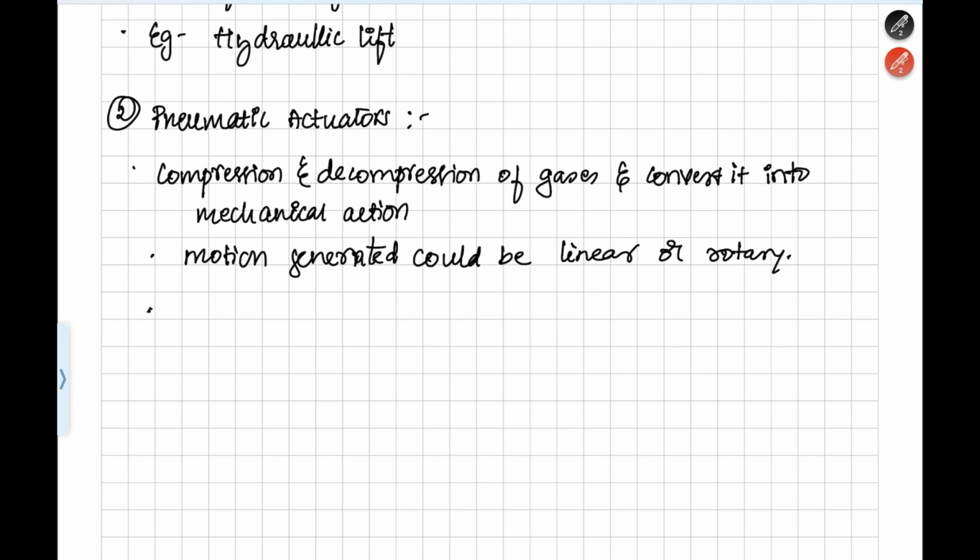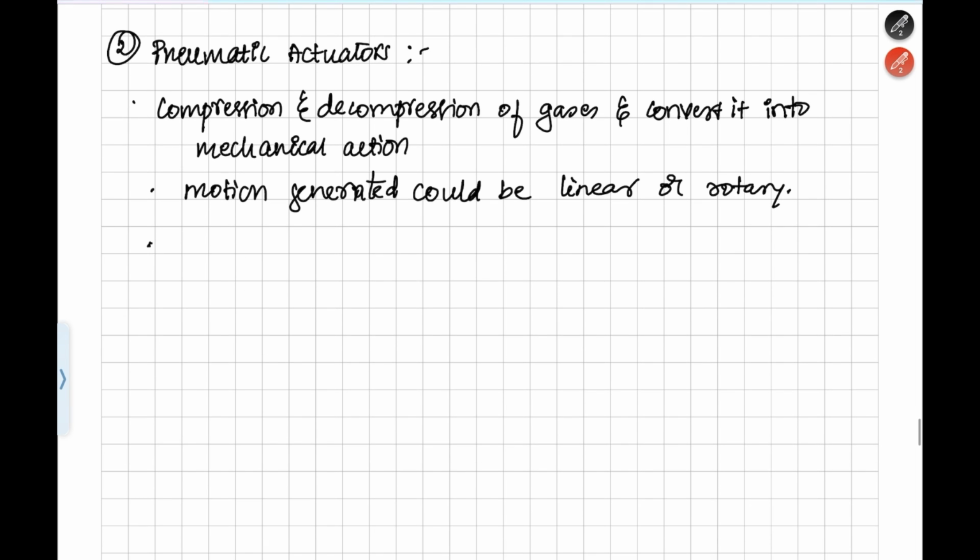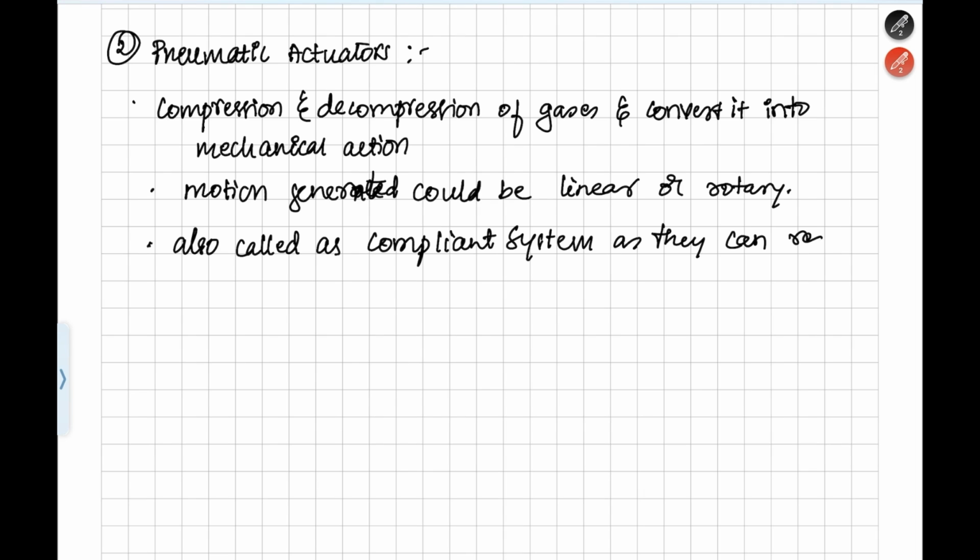Next, these pneumatic actuators are classified as compliant systems. That is, they can respond quickly to the smallest changes in pressure.